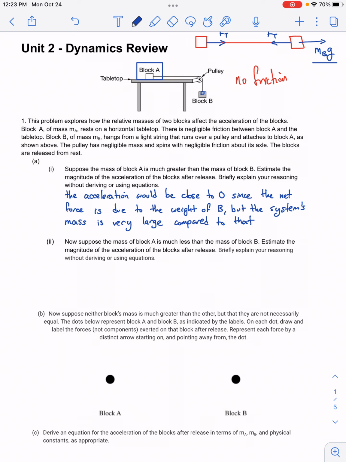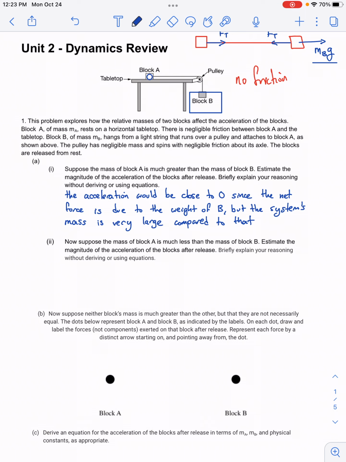In the second one, block A is much less than block B. So block B is the massive one in this case. Now we have a situation where block B is the very large mass, and block A is just a tiny little mass that sits on the surface. There's no friction again, so block B would just kind of free fall.